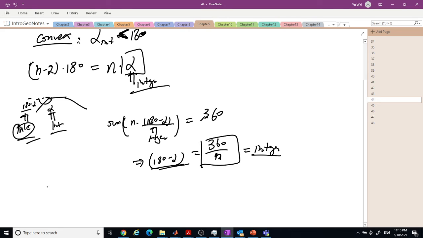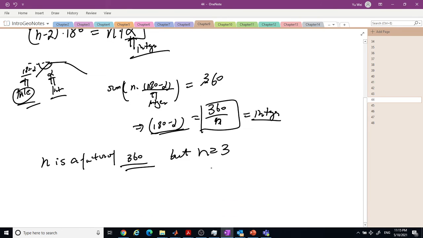So 360 over n being an integer means we need n to be a factor of 360, but n also needs to be greater than or equal to 3, because there are no 2-gons. The prime factorization of 360 is 2 cubed times 3 squared times 5.